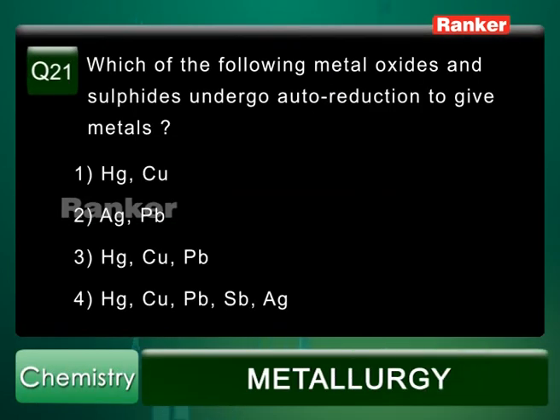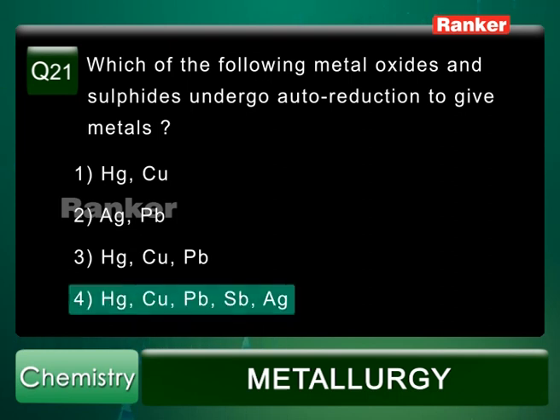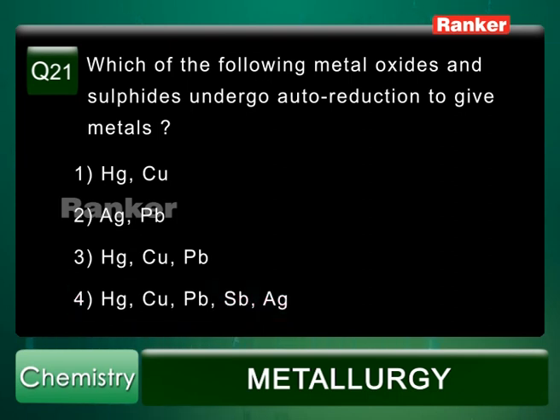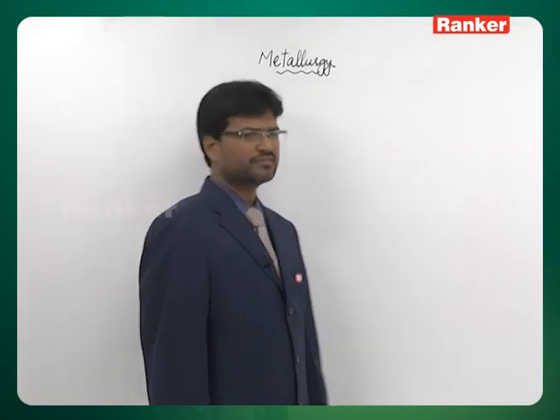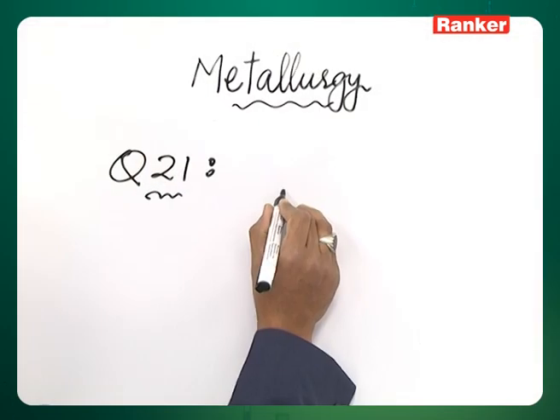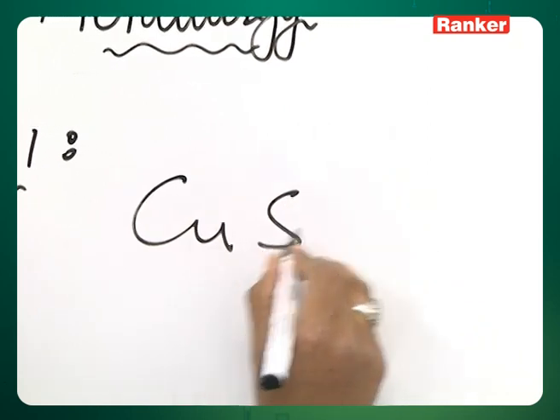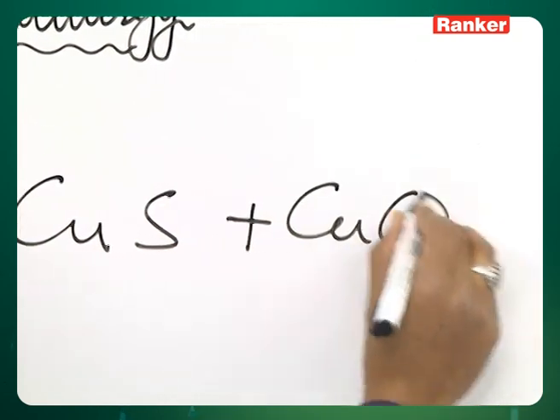Question number 21. Which of the following metal oxides and sulfides undergo auto reduction to give metals? First option mercury, copper; second option silver, lead; third option mercury, copper, lead; and fourth option mercury, copper, lead, antimony and silver. The correct answer is fourth option. Auto reduction is a process where a metal sulfide reduces its own oxide.